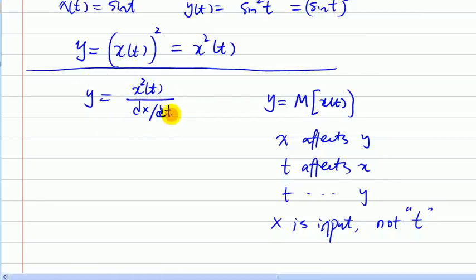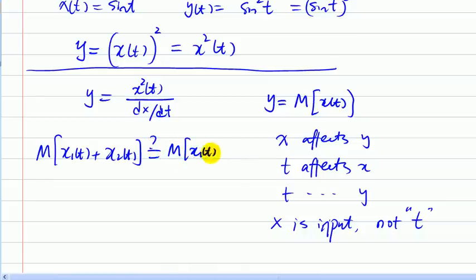In terms of showing whether this system satisfies the additive or homogeneous property, I see many people making mistakes with this. Let's use the additive property. So we need to check whether this guy equals this guy or not.